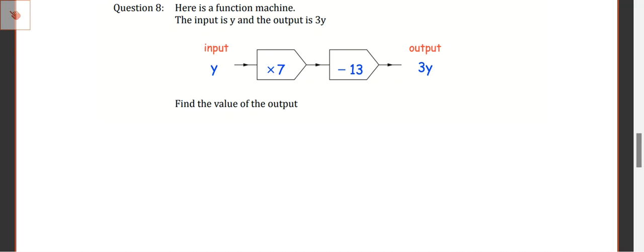By itself. Oh, yeah, so good reason. Okay, let's write this as an equation. So the input is y, times it by 7 is 7y, subtract 13 equals, instead of a number, it's actually equal to 3y.